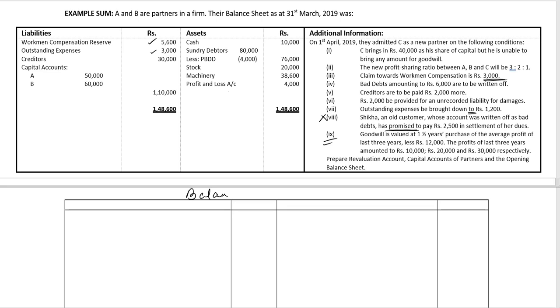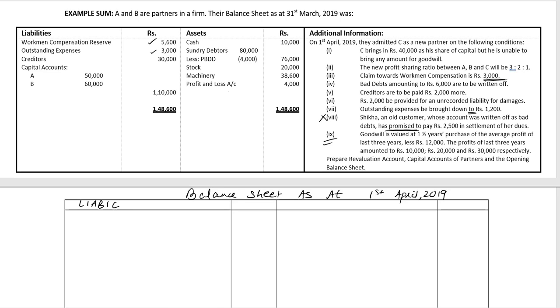Balance sheet as at 1st April 2019. Left side is the liability side. Rupees. Right side, asset side. Rupees.